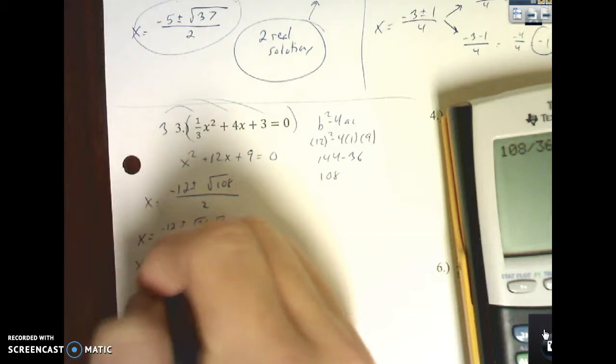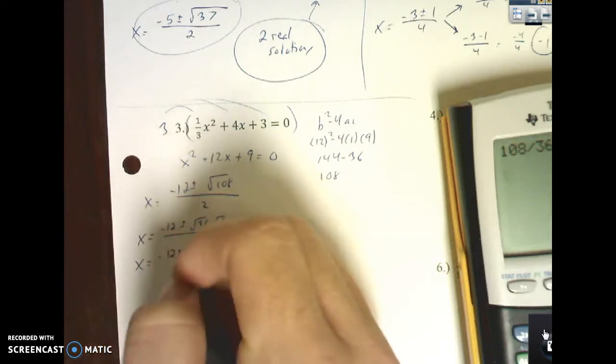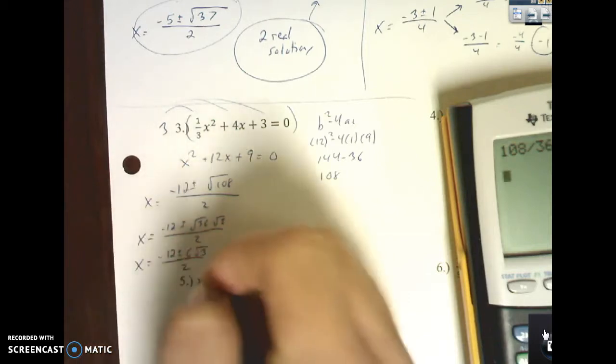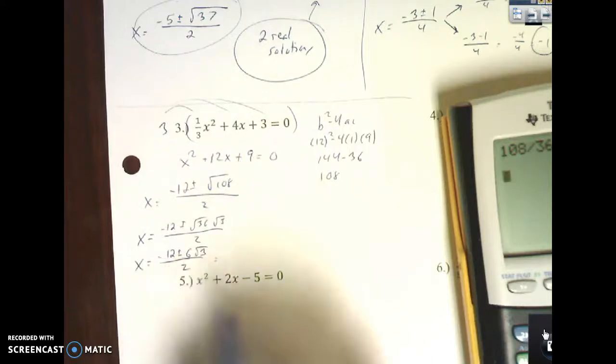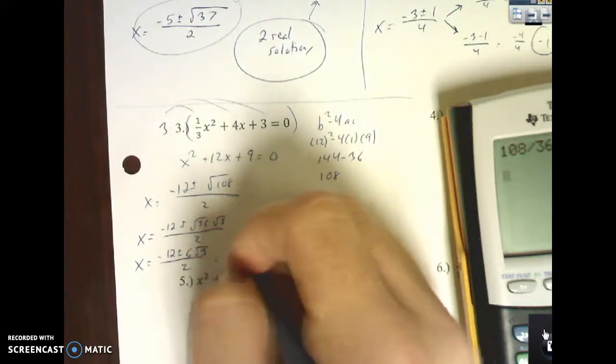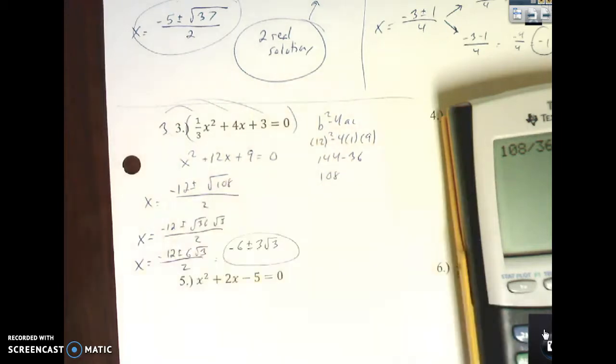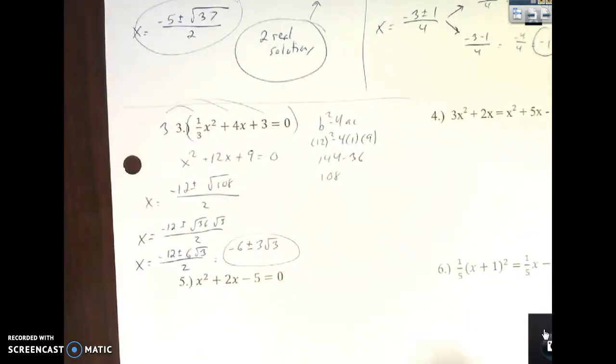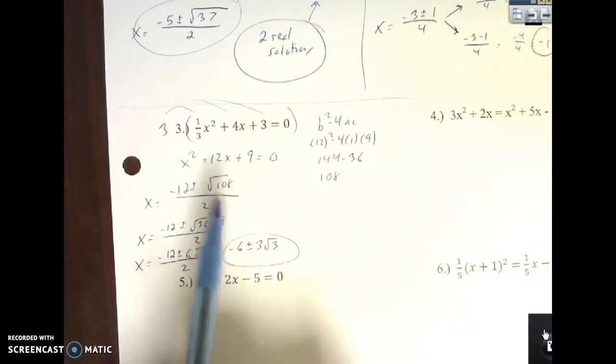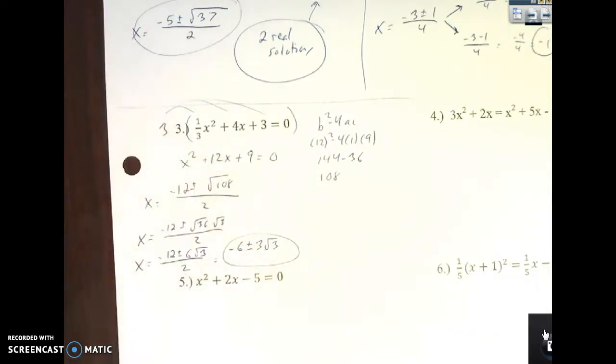We get x equals negative 12 plus or minus 6 root 3, over 2. All 3 of these terms are divisible by 2. Therefore, negative 6 plus or minus 3 root 3. We're good. A little bit more work there. But again, the key is to just multiply through by that common denominator first in order to cancel everything out.